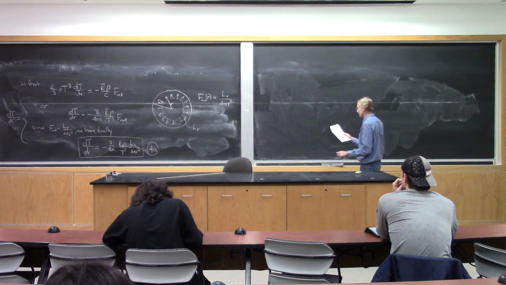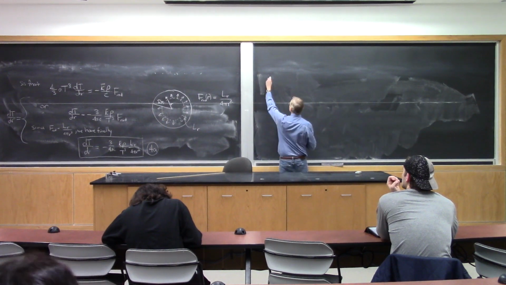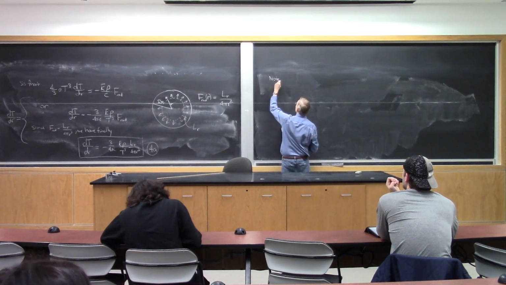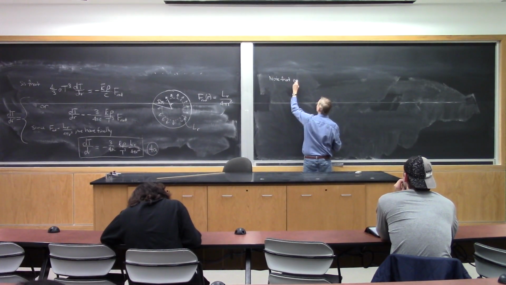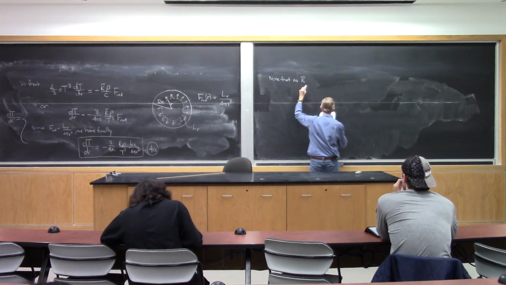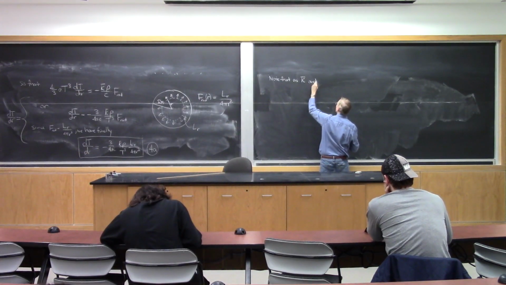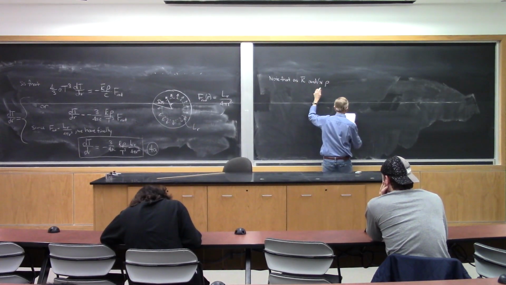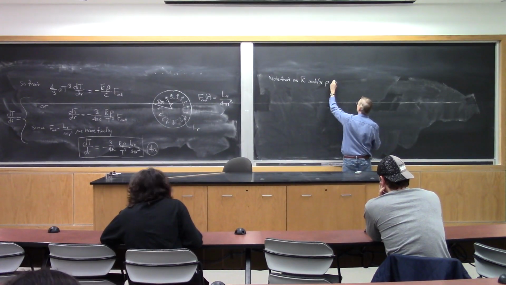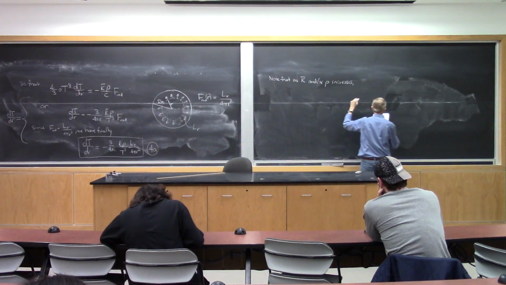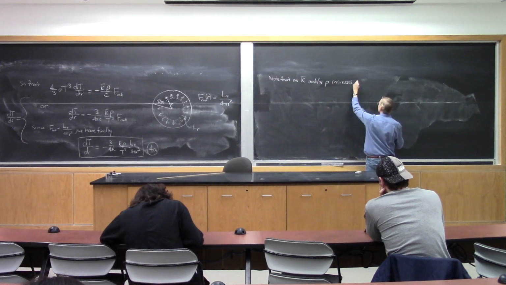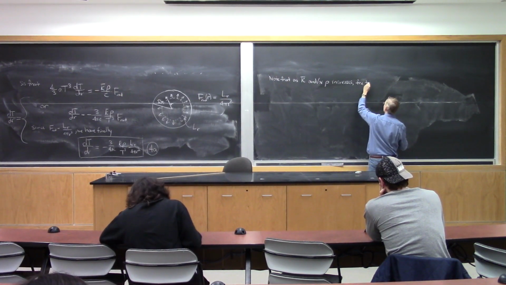So let's explain what's going on there. Note that as kappa bar and or rho increases, the temperature gradient required to carry a given flux increases.